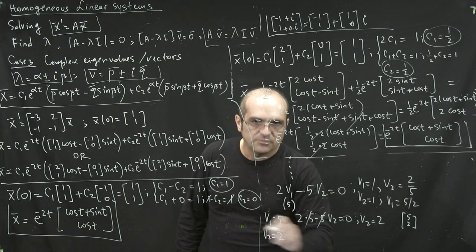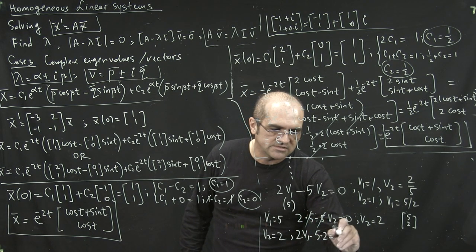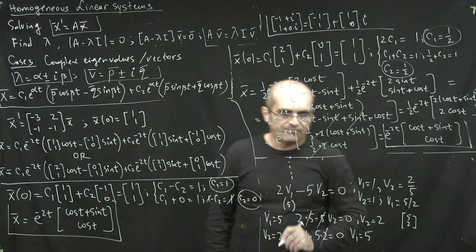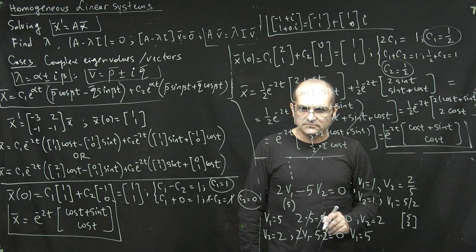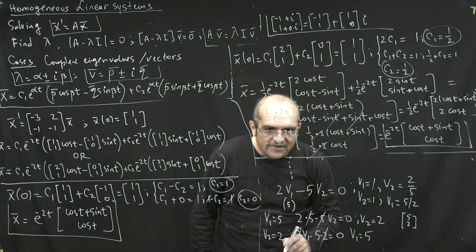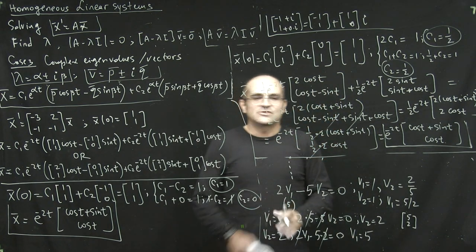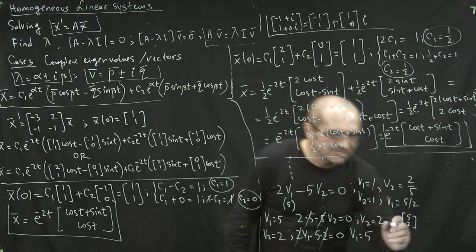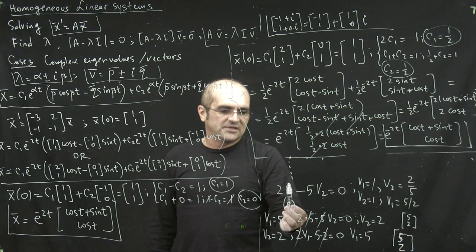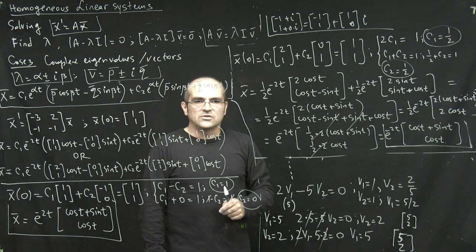Then we have 2v1 minus 5 times 2 equals 0, cancel the 2, and then v1 will be 5. Did I do that the wrong way? So v1 equals 5. Obviously it's the same thing, because it's the same combination. Whether you start with this one to be 5 or this one to be 2, you get the cancellation that you need to avoid fractions.